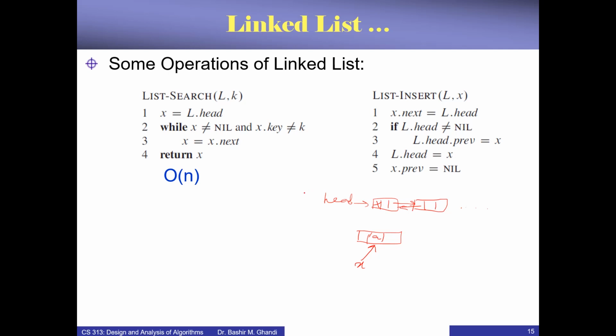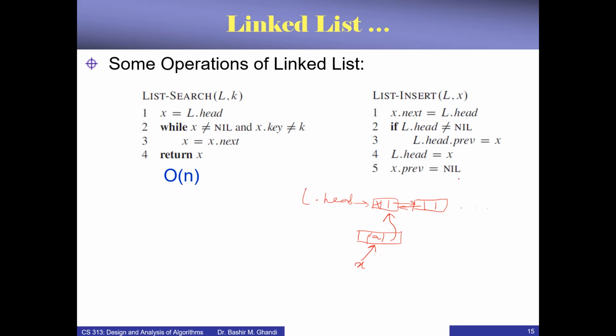Well, l.head is pointing to this first node. So if we say x.next becomes that, basically we are saying the next of this new node should go to the same location. So x.next becomes l.head, and l.head is pointing to the first node, so the next of this x node will point to the same node.